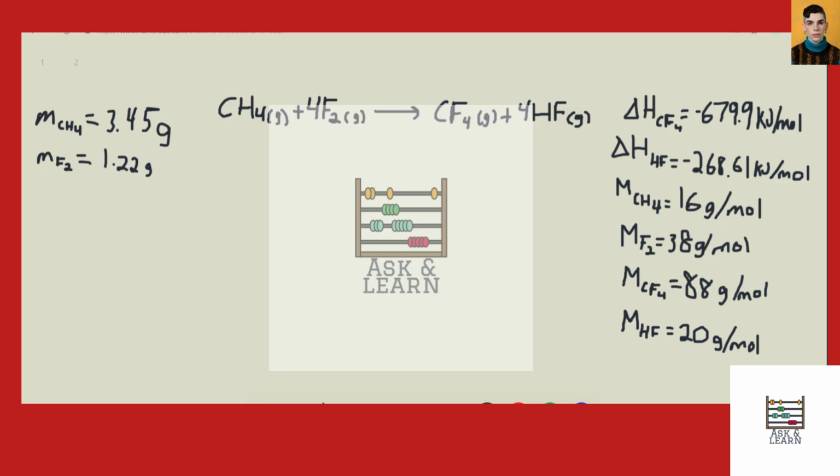So we're going to do this. 3.45 grams times 1 mole over the mass of CH4, which is 16, and we multiply the 1-to-1 ratio for CF4, which is 88 grams per mole.